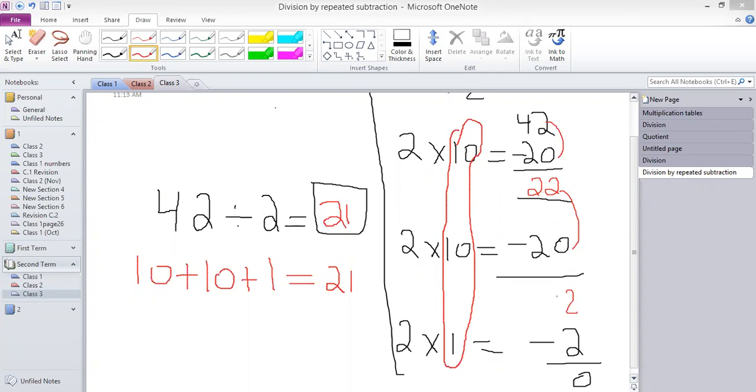When you see there is a number which is smaller, you will not go for multiplying by 10. You will just look for the number to multiply by to get the same number. And after that, you will add the numbers by which you multiplied, 10, 10 and 1. In the end, you will find the answer.